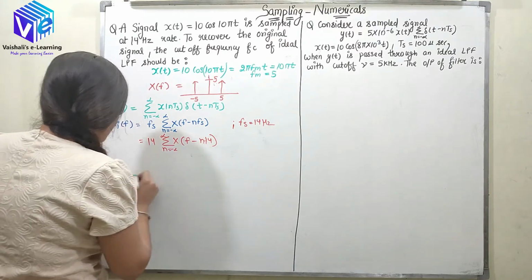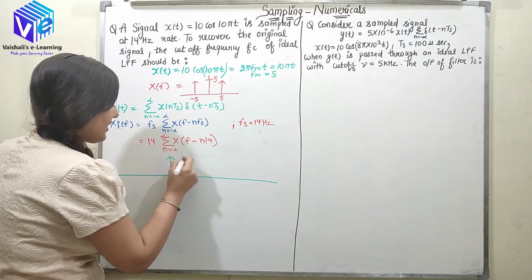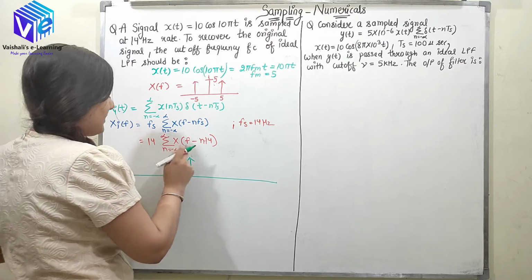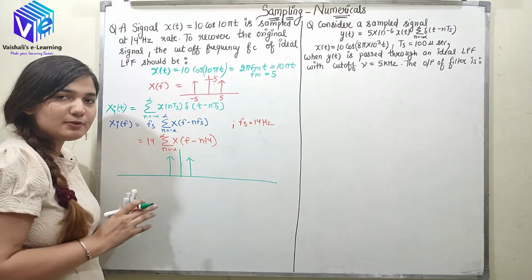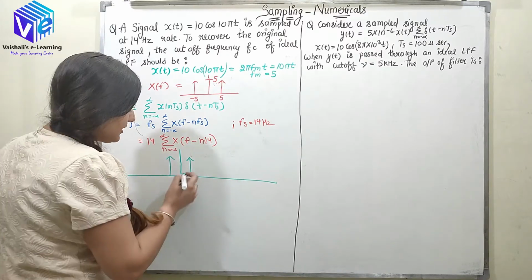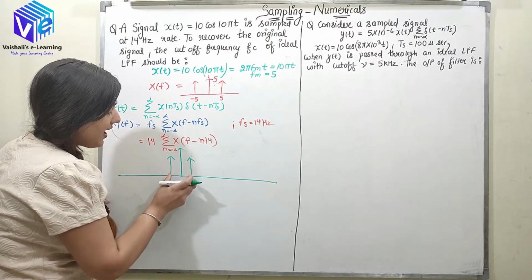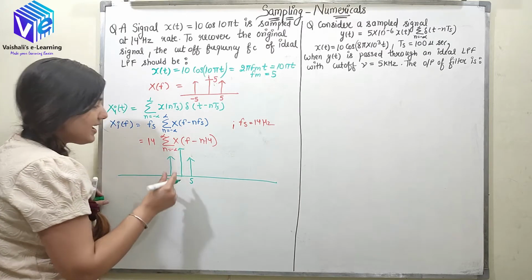This was my signal X(f). When n is equal to 0, I'll get 14 times X(f). Leave the amplitude, because I am just concerned about the frequencies, so I am not taking the amplitude here. X(f) is from minus 5 to 5.